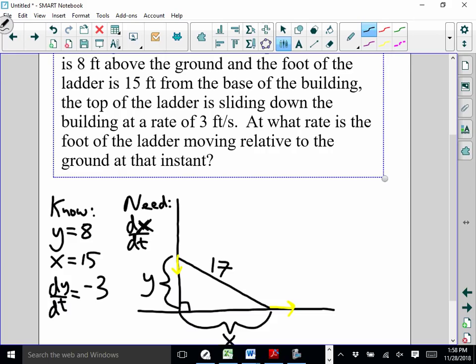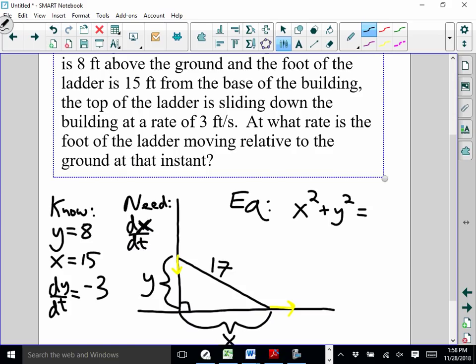Now I need an equation that relates these three sides. Whenever I have the three sides of a right triangle, my equation is often going to be the Pythagorean theorem. So in this case, x squared plus y squared equals 17 squared.